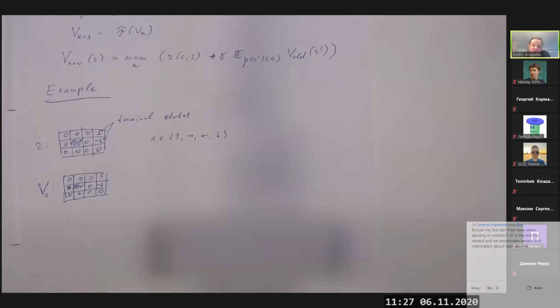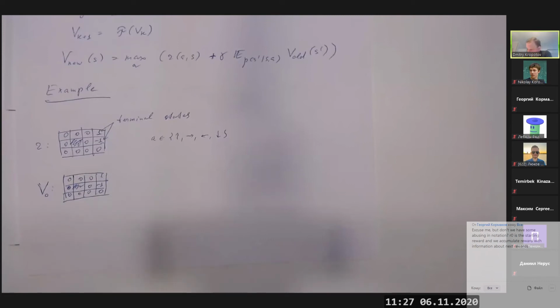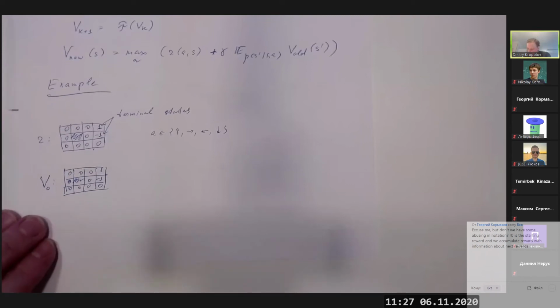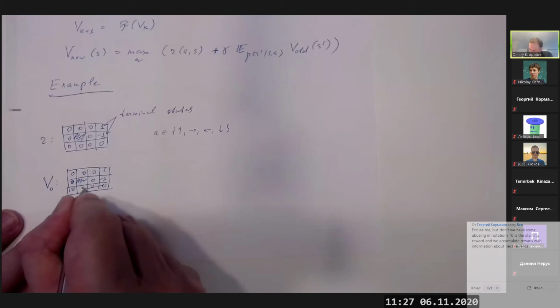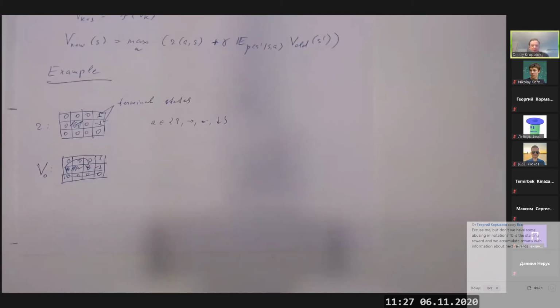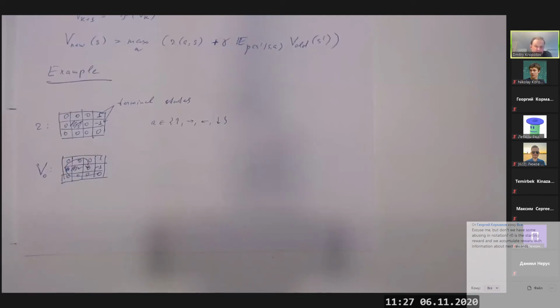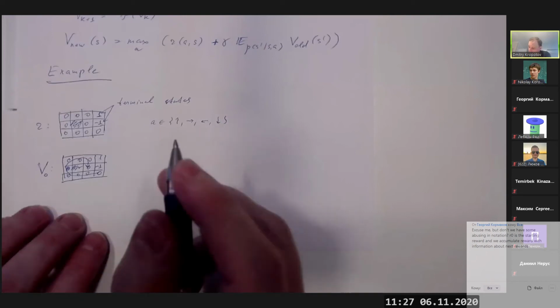This algorithm for sure depends on the particular order that we use to go through our field. So let's fix some order. Suppose we go, for example, in these directions. It doesn't matter. The algorithm is guaranteed to converge with any order that you choose. Suppose that you recalculate the values in this sequence.